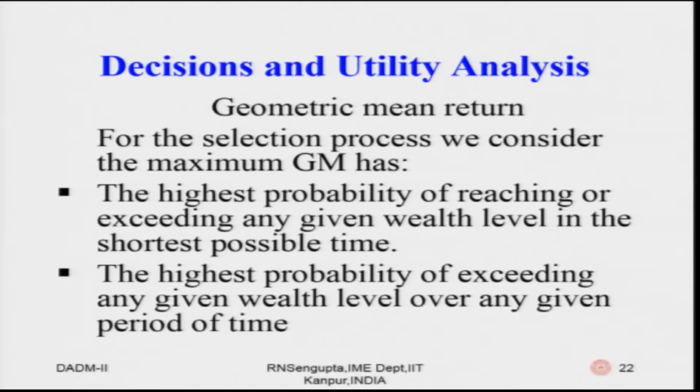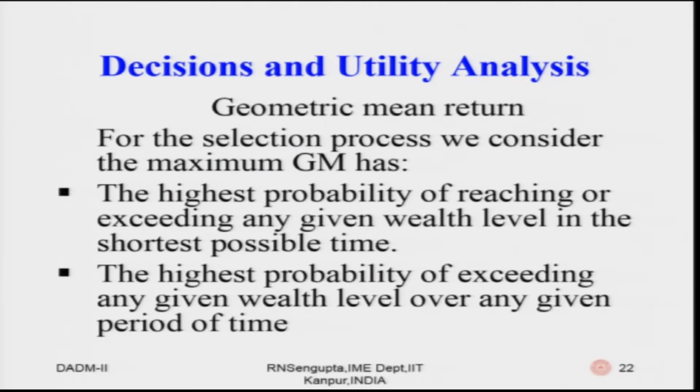For the selection process, we consider the maximum geometric mean returns, which means that it has the highest probability of reaching or exceeding any given wealth levels in the shortest possible time. So, you want to find the highest probability corresponding to a certain time period, that you want to exceed. Another concept would be the highest probability of exceeding any given wealth level over any given period of time.